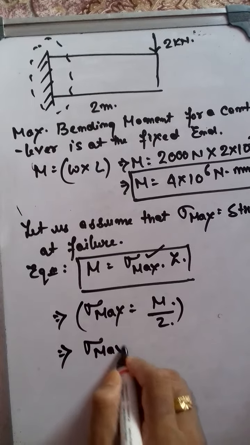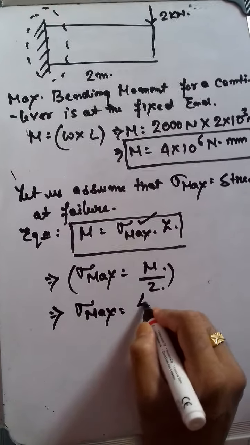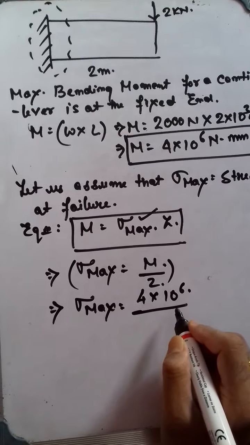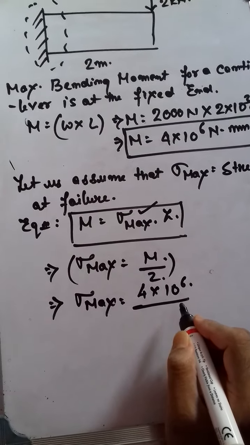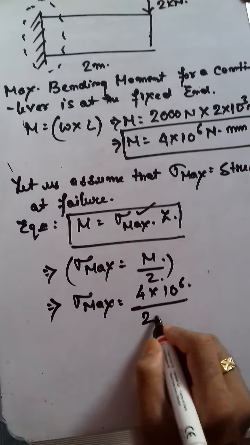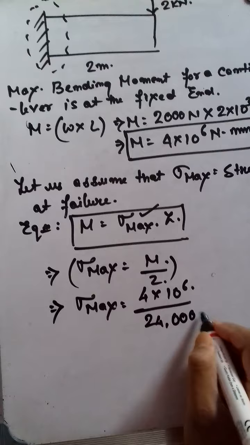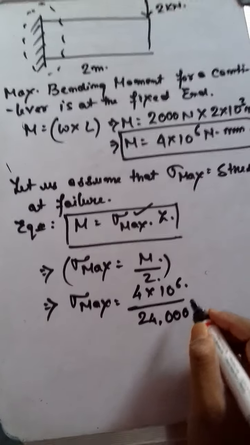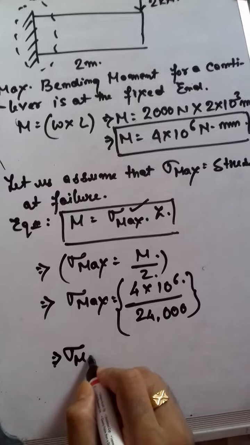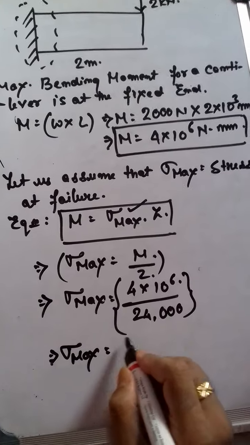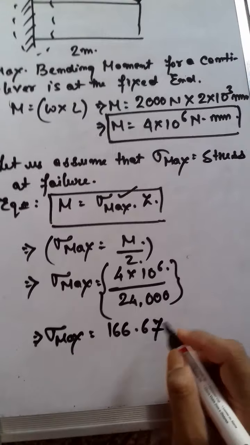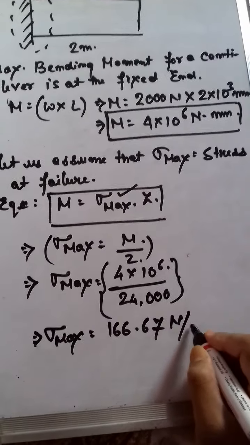If you substitute the values, moment is 4 into 10 to the power of 6, and section modulus we have done, that is something like 24,000 millimeter cubed. So sigma maximum you will get approximately as 166.67 Newton per mm square.